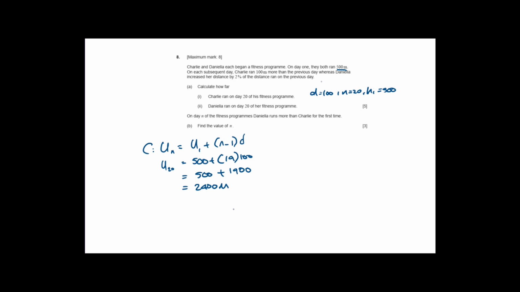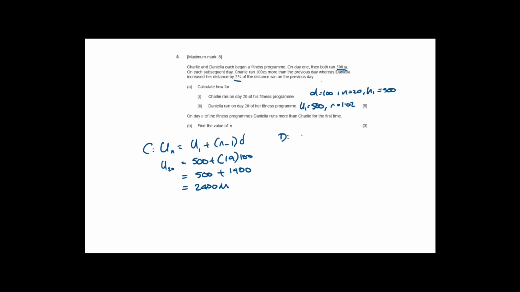Almost 2.5 kilometers. Okay. Daniela, she is a geometric sequence where the initial amount is the same and the rate of change is going to be 1.02. So 2% increase is the same as multiplying by 1.02.